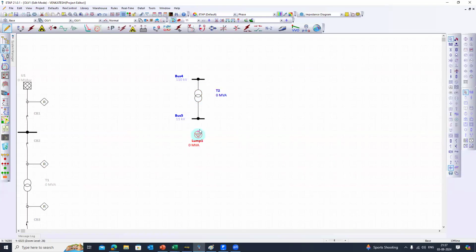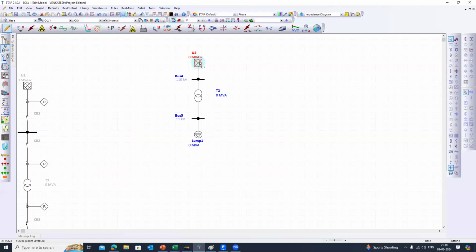Let me connect a load here. I think this is the perfect application. So here, this is the transformer primary and this is the transformer secondary, right? That means 110 kV is on the primary side and 11 kV is on the secondary side. Why are we saying that? Because the power flow will be from 110 kV to 11 kV. That's why we call this the primary and this the secondary.